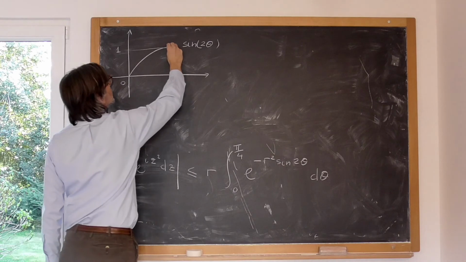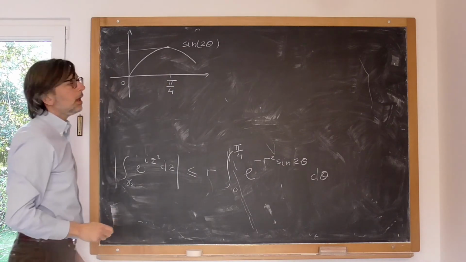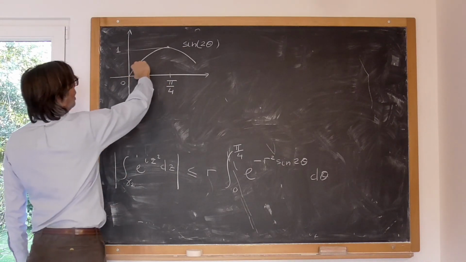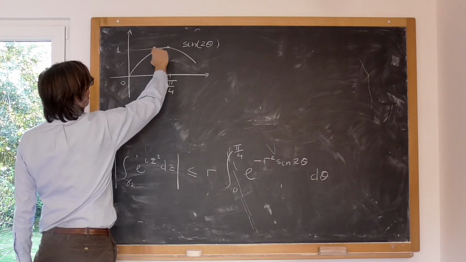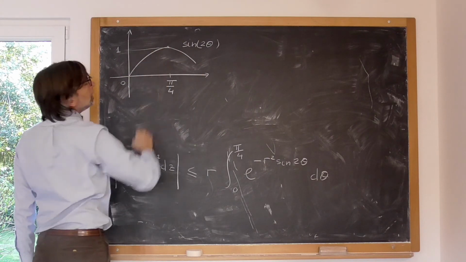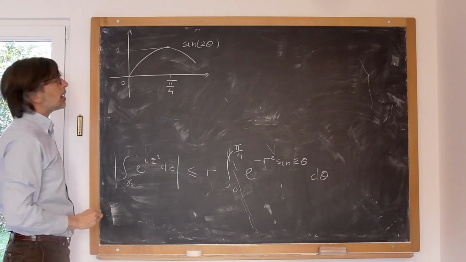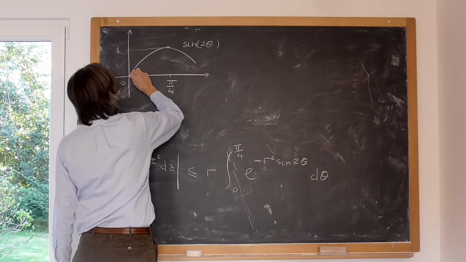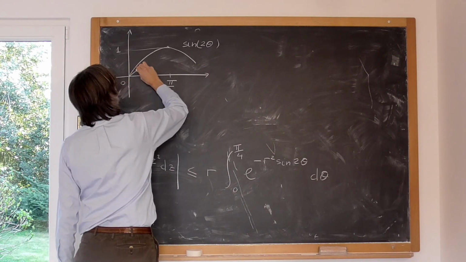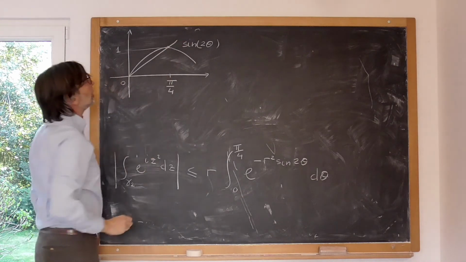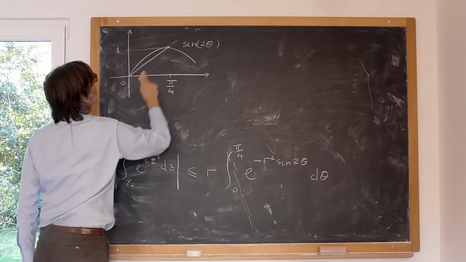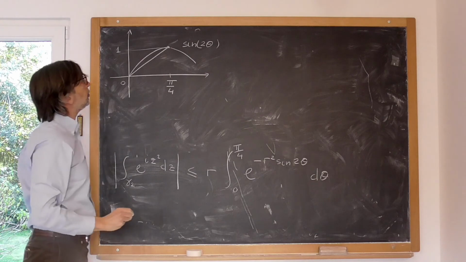And then it will go down again. The sine function on this interval is a concave function. So in particular, it's above this linear function between 0 and pi over 4.